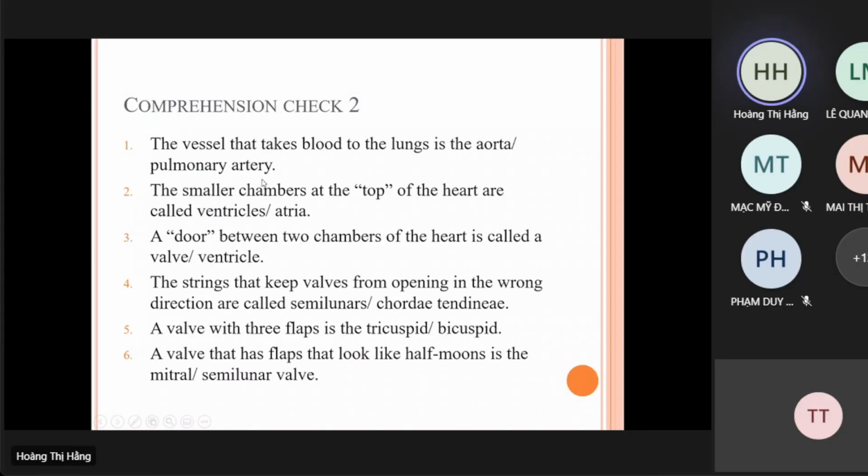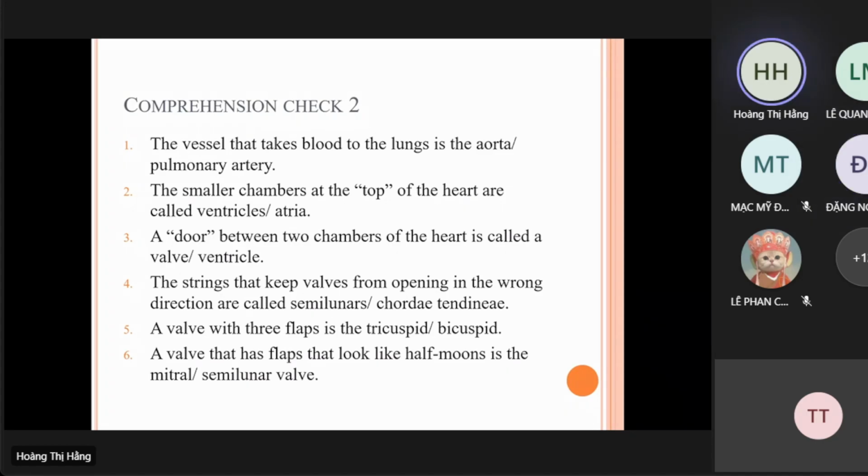Dạ, câu 1 là Pulmonary Artery. Vessel that takes blood to the lung is pulmonary artery. Các bạn nhớ máu đi ra khỏi tim là máu động mạch nha. Chờ cô 30 giây nha các bạn. Dạ, câu 2 là Atria.